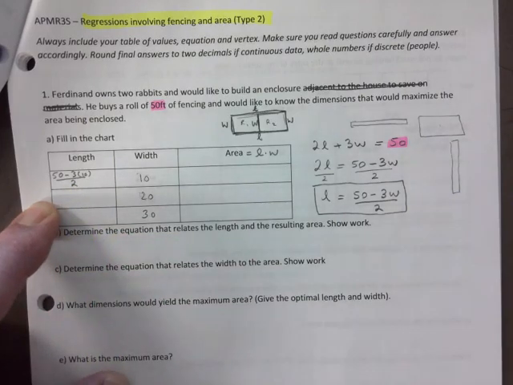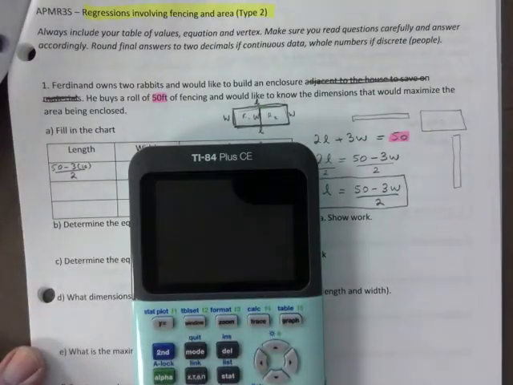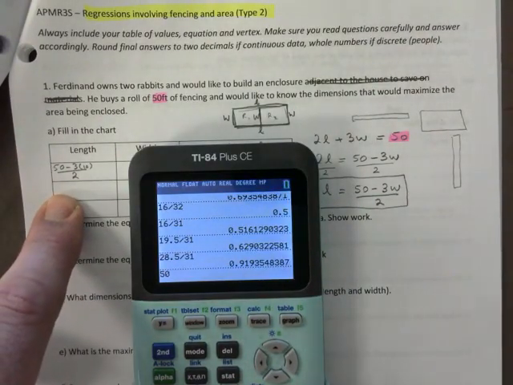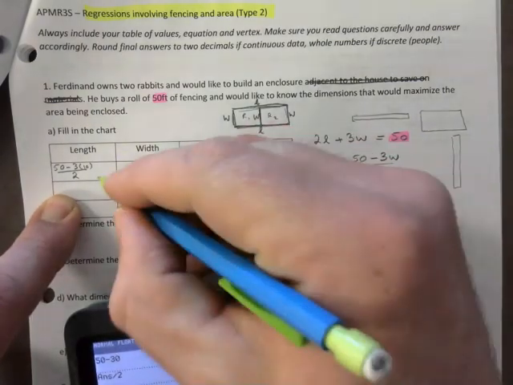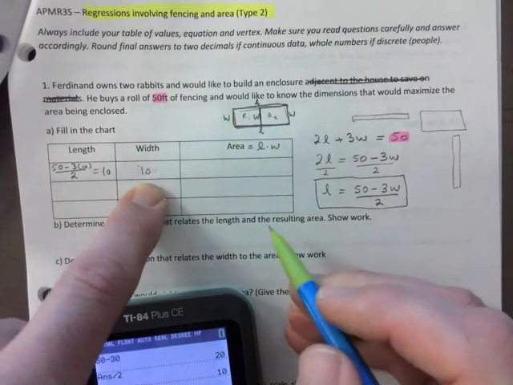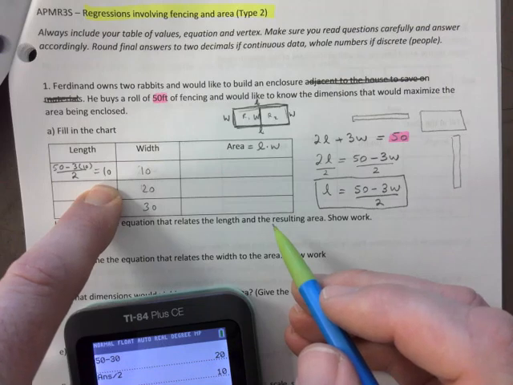It's a little cramped there, I apologize. It's important that you don't mix things up here. So you go 50 minus 30, you hit enter, and then you divide by 2. So you're with 10 here as well. So if the width is 10, the length has to be 10 as well.